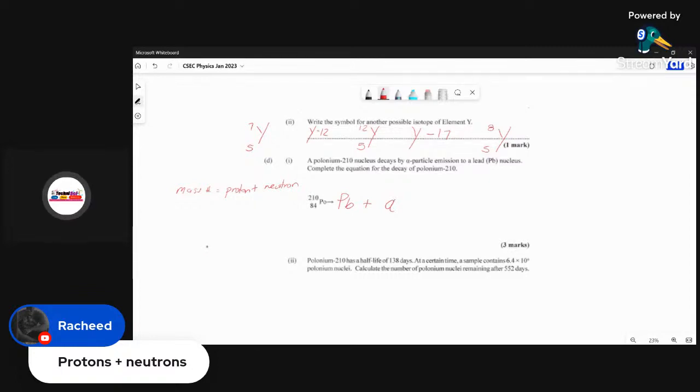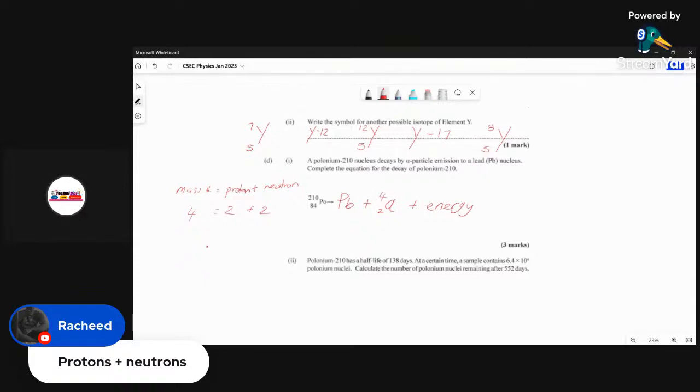So for alpha, it has 2 protons, and being that its mass number is 4, it must have 2 neutrons as well. And we add our energy over here. So for alpha, the atomic number is 2, mass number is 4.